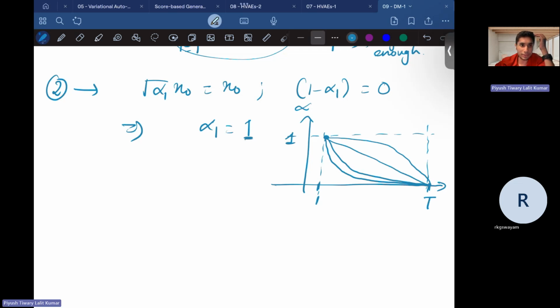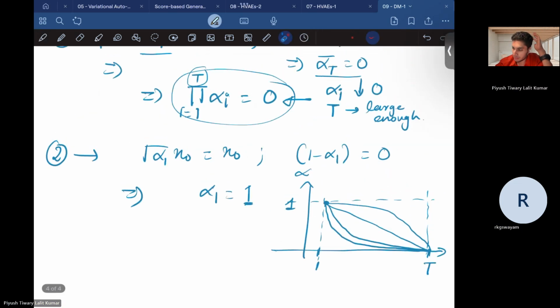Does this argument make sense? Can you repeat this argument? Yeah. What I'm saying is that alpha 1 has to be close to 1, so it is starting from here. But the product of alpha i's should be close to 0, or small enough.